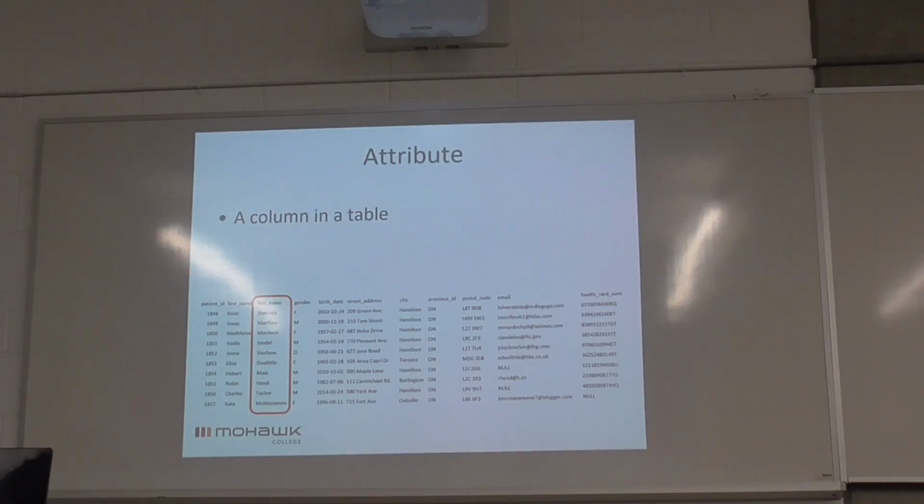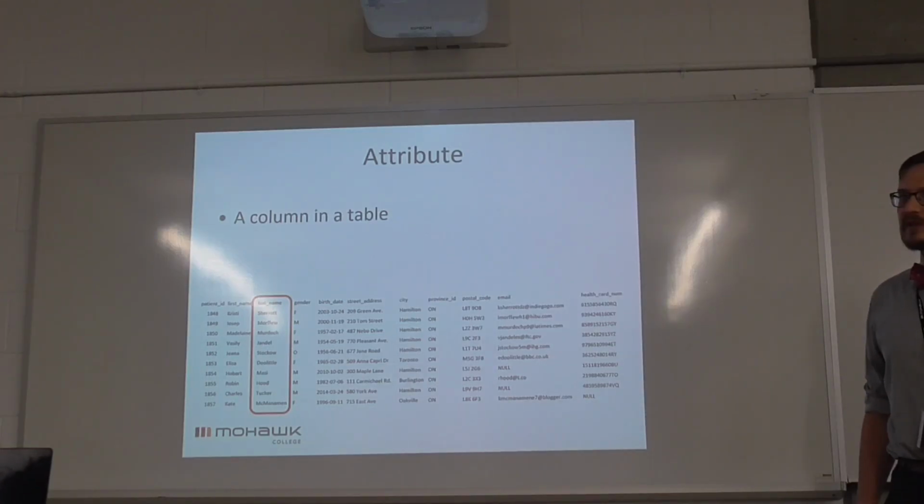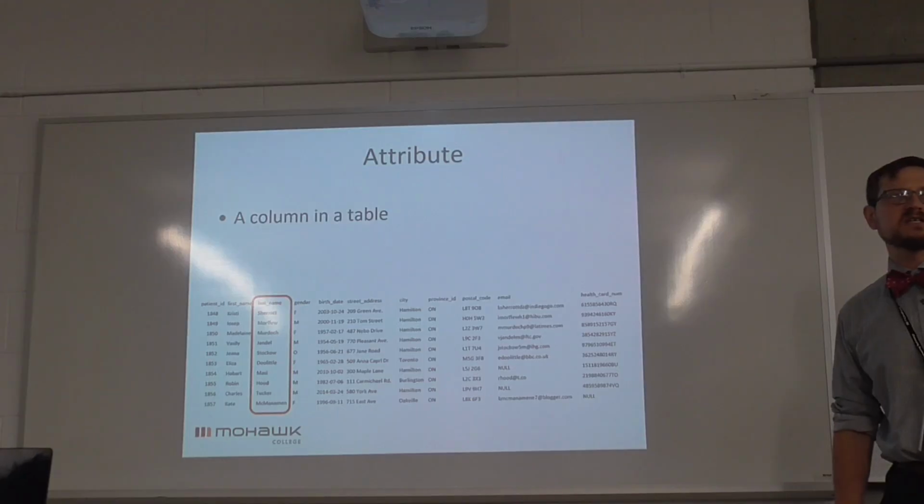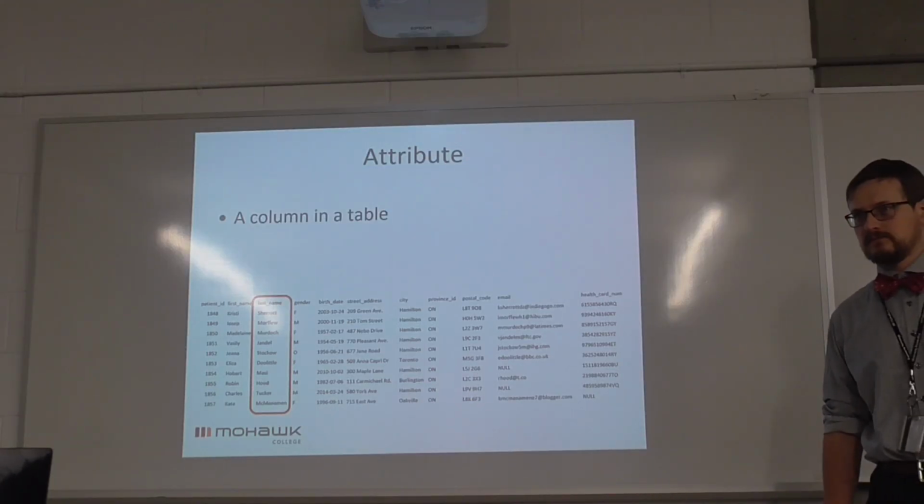A column in a table is also called an attribute. Attributes in tables, you can think of them as being very similar to instance variables in a Java object sense, right?